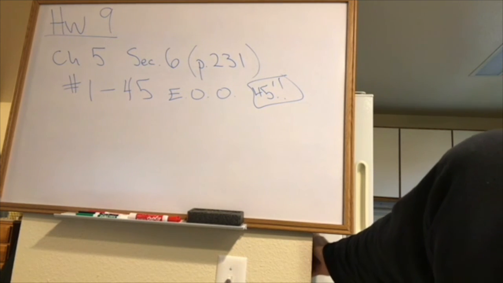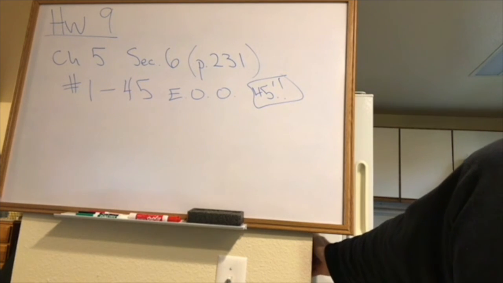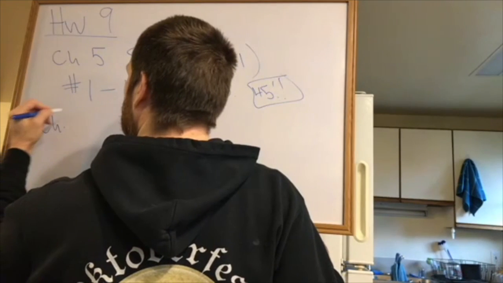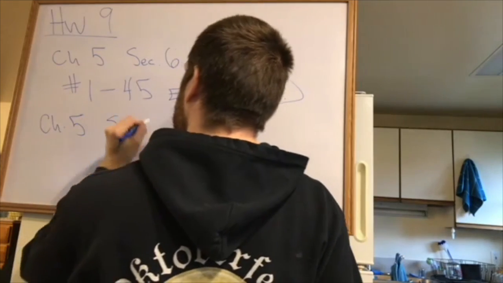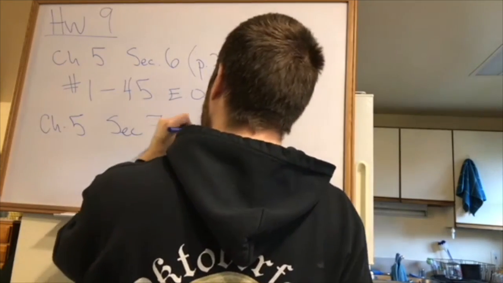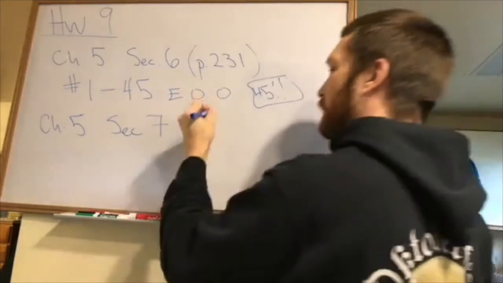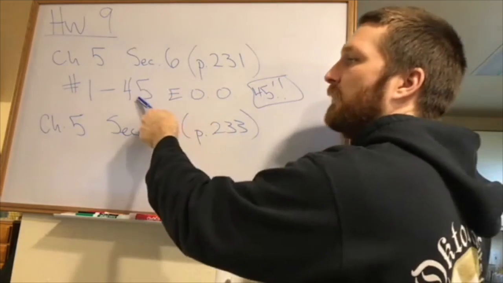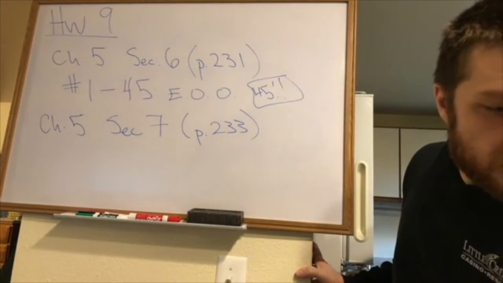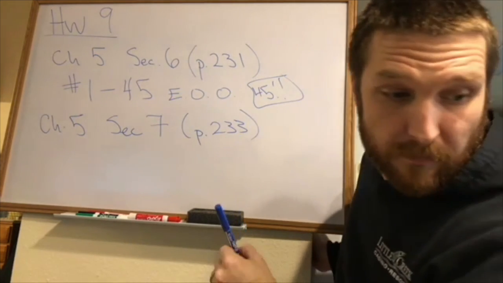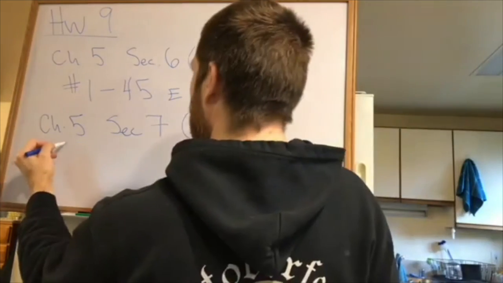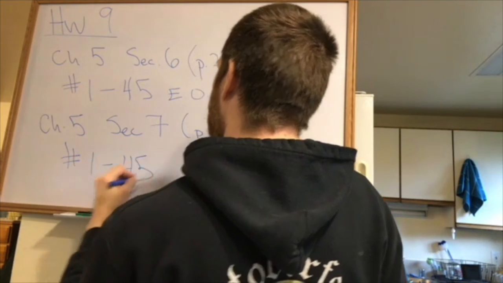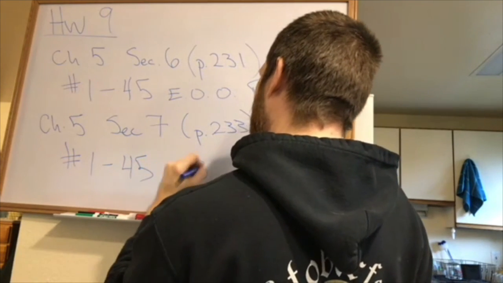Then chapter 5, section 7 on page 233. So this works out to 11 problems. The next one will also work out to 11 problems because it's the same thing. It's number 1 through 45, every other odd.